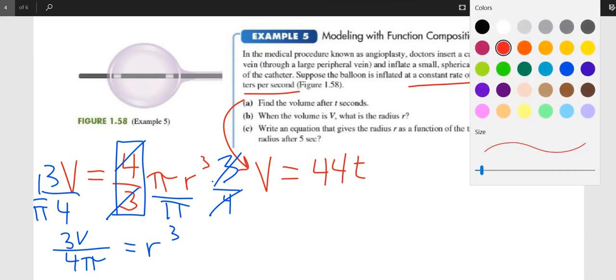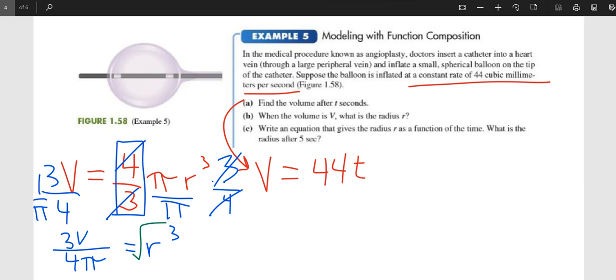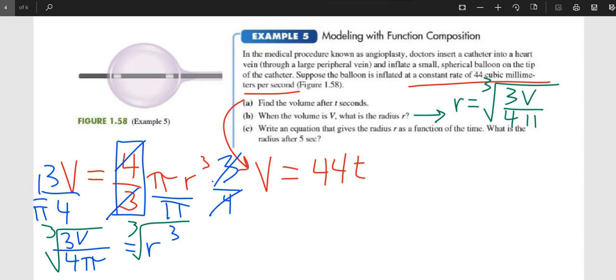Cube root. So for part B, r equals the cube root of 3v over 4 pi. Part C: write an equation that gives r as a function of the time. So in other words, when we get done, you're only going to have an equation with r and t.